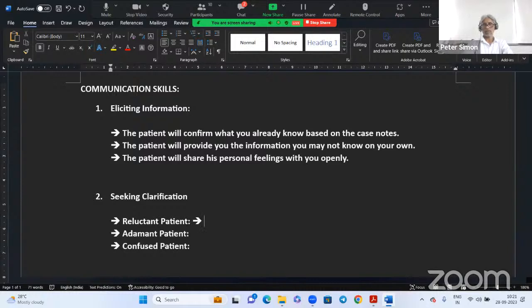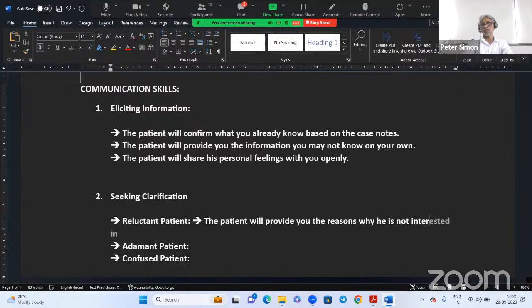That means you will get the information, the reasons. The patient will provide you the reasons why he is not interested. Adamant patient. Okay.